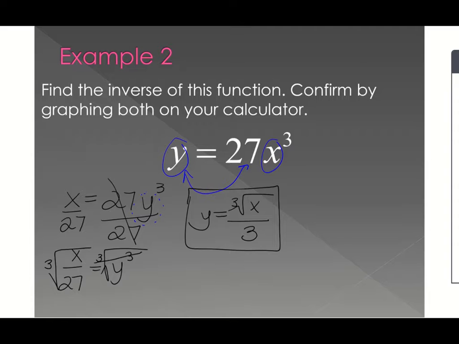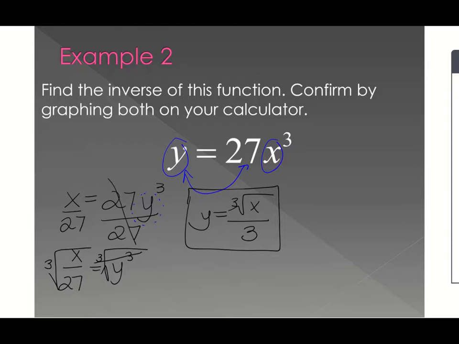So if I want to confirm by graphing on my graphing calculator, I would type in my original function into y1, my inverse into y2, and then on my graph I should see that over the line y equals x, my points are reflected.